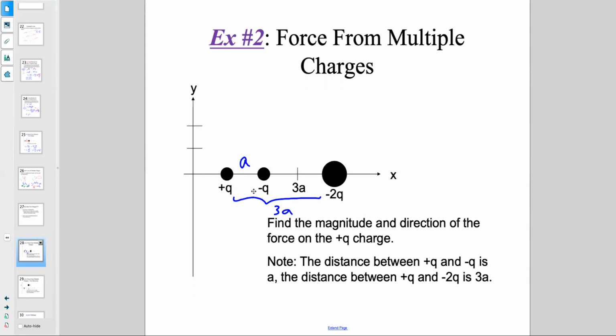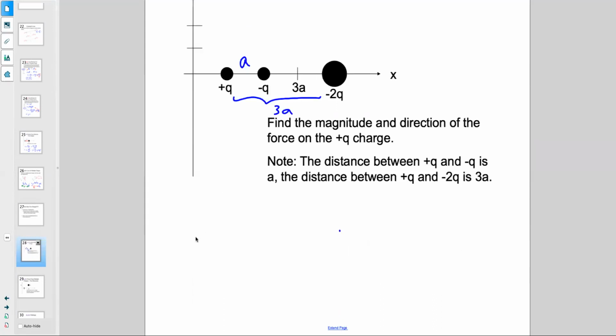We know that negative and positive will attract. So you have a charged particle here, positive Q, and then here you have a negative Q. Then here you have negative 2Q. So these will attract.